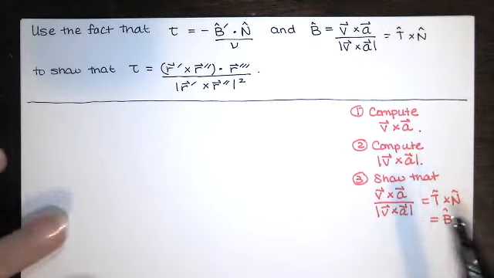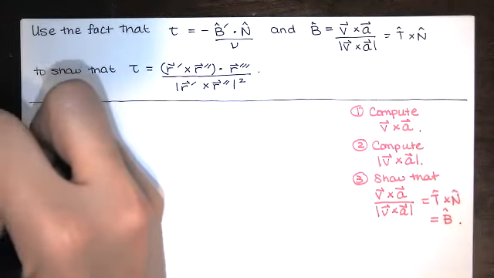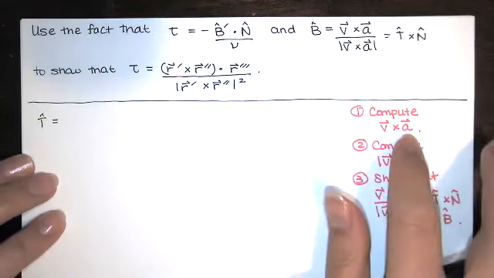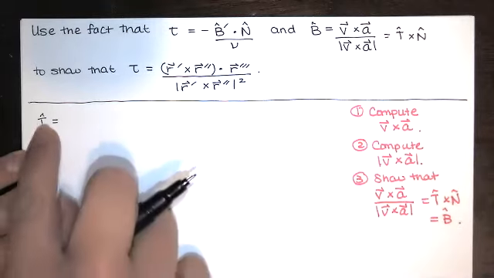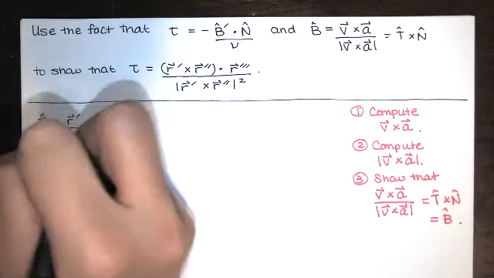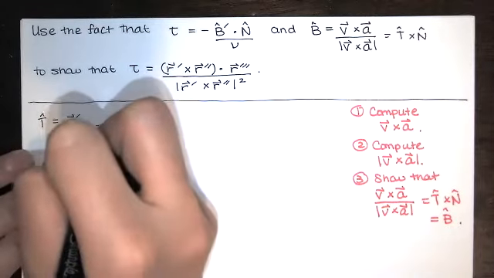Okay, so I think the easiest way to show this is to start by remembering how that unit tangent vector and unit normal vector are related to the acceleration and the velocity. So the unit tangent, we all know, is this. It comes from taking the derivative of r and dividing by the magnitude of r.